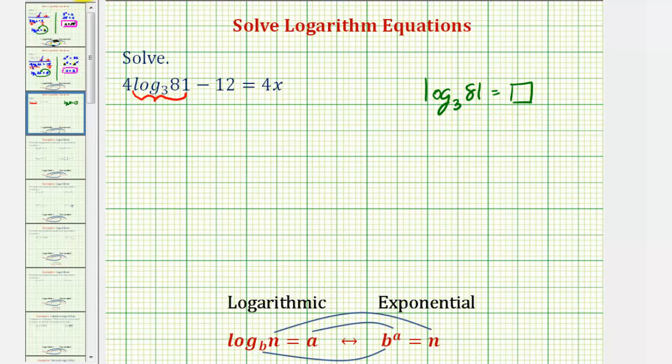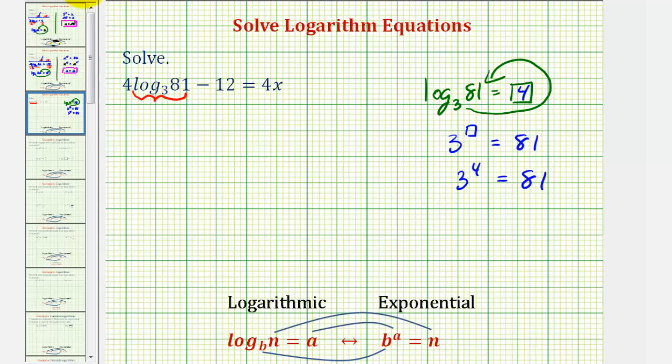Meaning 3 raised to some power must equal 81. 3 raised to what power must equal 81? Well, we just saw that 3 to the 4th is equal to 81, which means log base 3 of 81 is equal to 4. So we can replace the logarithm with 4.